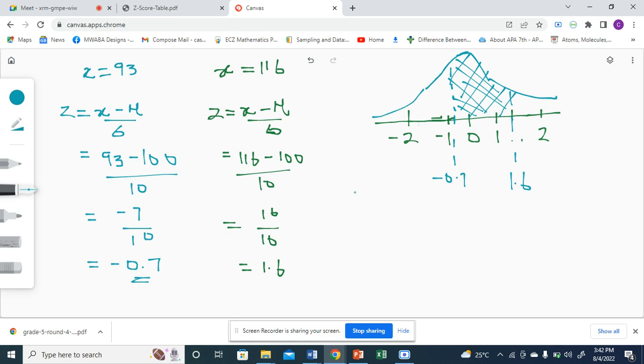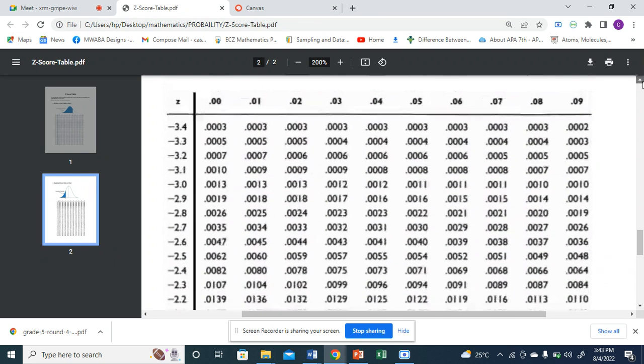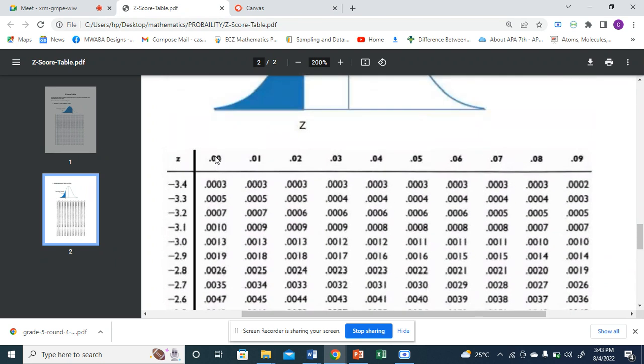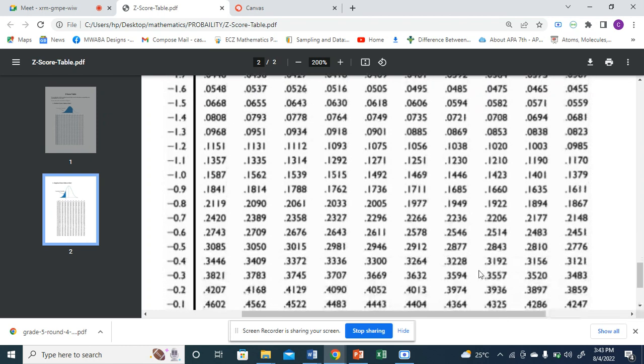Negative 0.7 on our z-score table. Here we have negative 0.7. In our column, it will be 0.00, because it's just negative 0.7. So find the probability here. Probability is 0.2420.